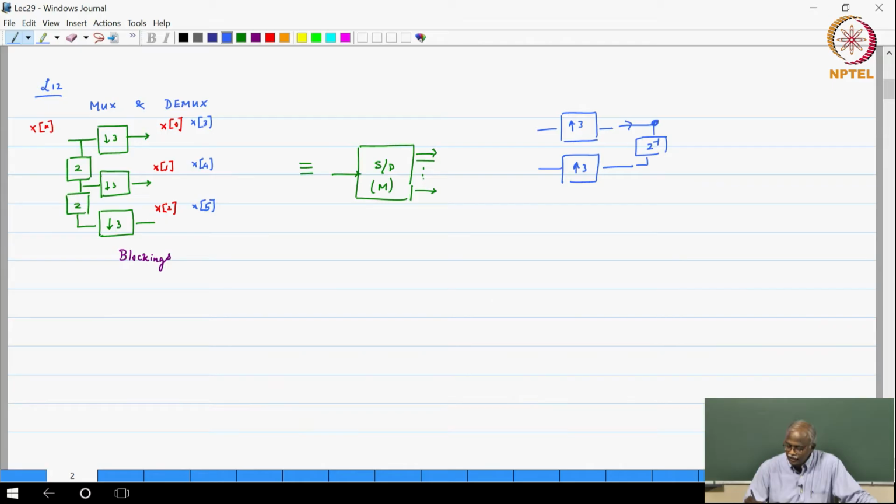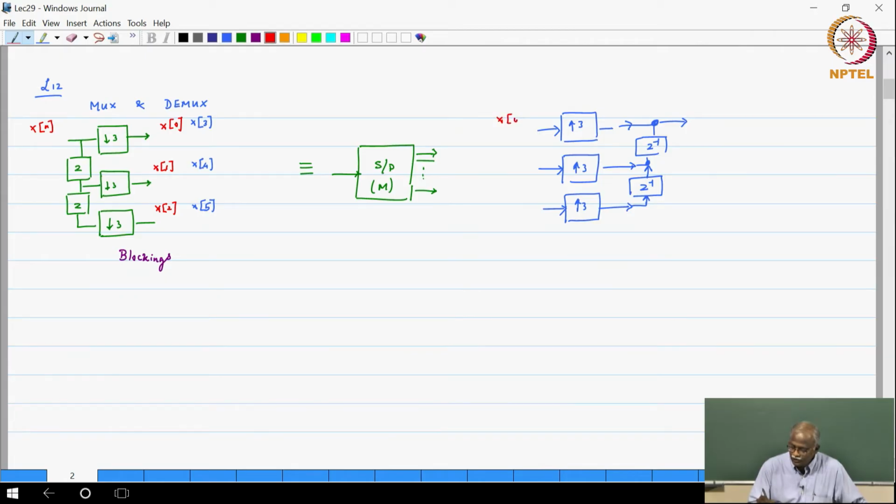So, this is a summing node, upsample by a factor of 3, a delay. Again, notice the arrows going upward, this is a summing node. So, this is the form of the multiplexer that is most convenient.